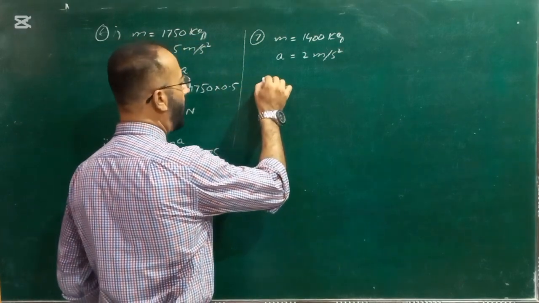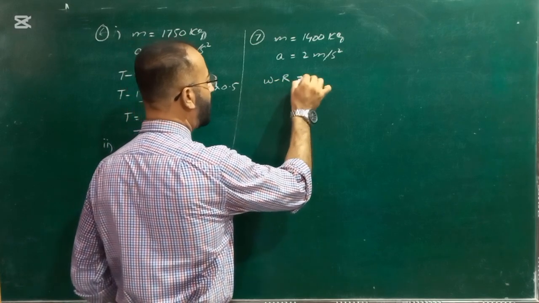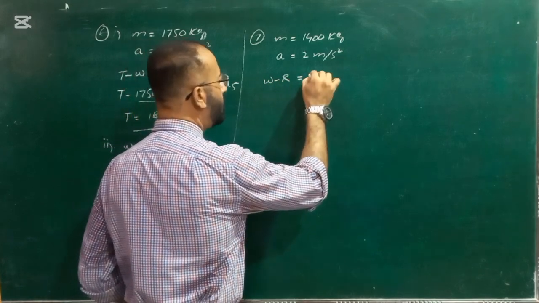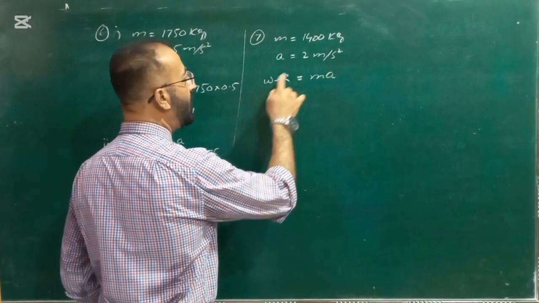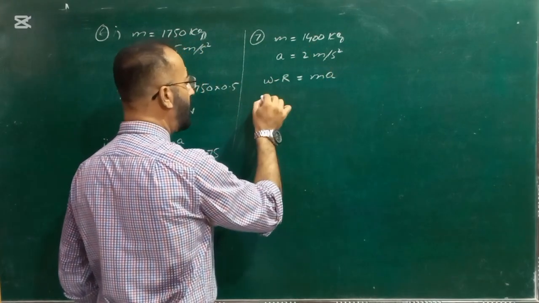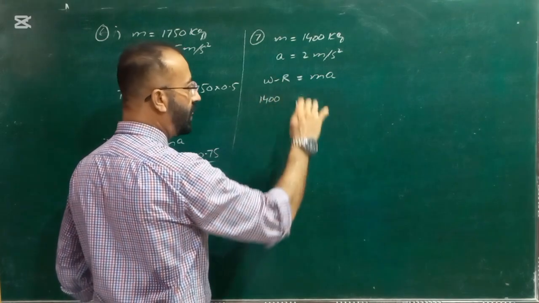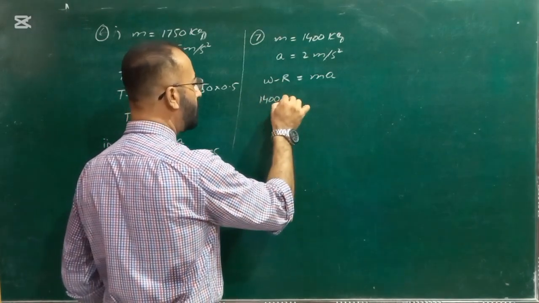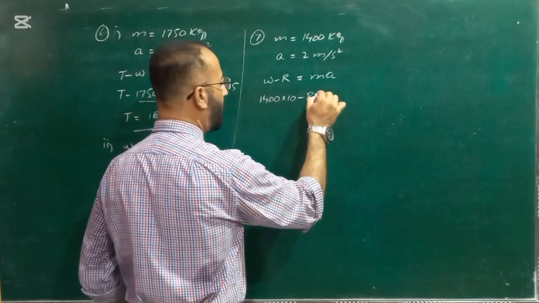So this is the resultant force, which should be equal to ma, and W will be equal to mg. So 1400, and because in this case the balloon is free falling, g will be 10. Air resistance is the requirement.